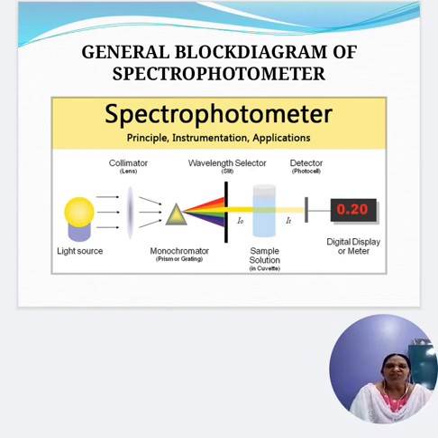By measuring the intensity of the transmitted radiation using a detector, which may be a photocell, the photocell converts the light energy into electrical energy and produces a signal proportional to the amount of radiation transmitted. This electrical signal can be displayed on a digital display device or an analog device. So this is the general block diagram of a spectrophotometer.